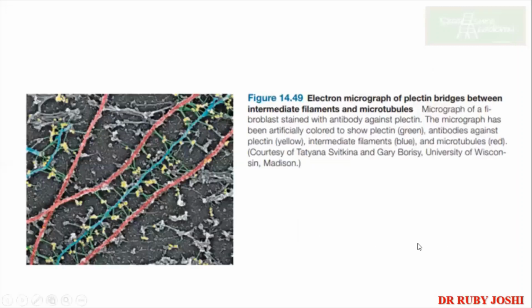Now let's see the figure. This is a figure taken of a fibroblast with an antibody against plectin. Plectin has been colored green. If you see this green color, those are the plectins.